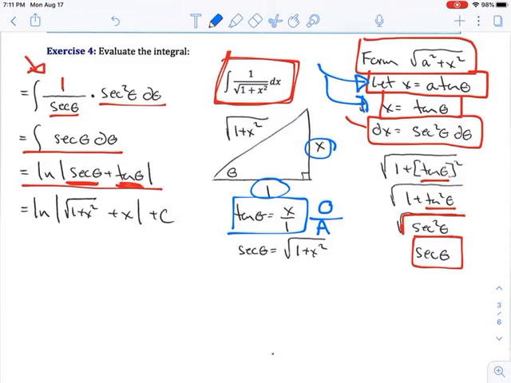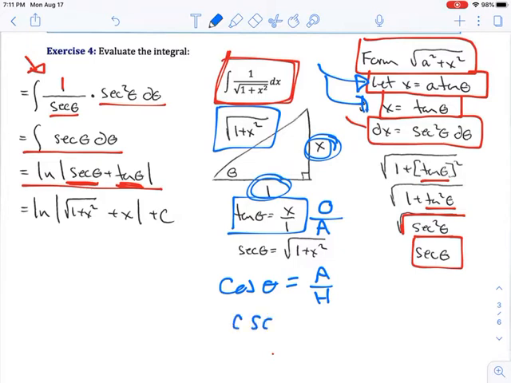To find the hypotenuse, we take the square root of that side squared plus that side squared. And so we end up with this, which of course was the radical that we started with, just like in the last problems. All right, so we need to figure out secant. Secant is the reciprocal of cosine. I don't memorize secants. I just remember secant is the reciprocal of cosine. The cosine of theta is the adjacent side over the hypotenuse.